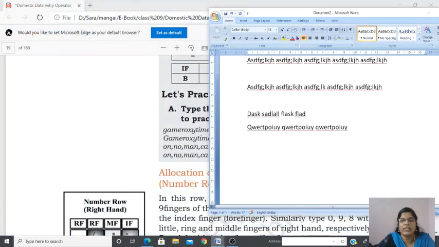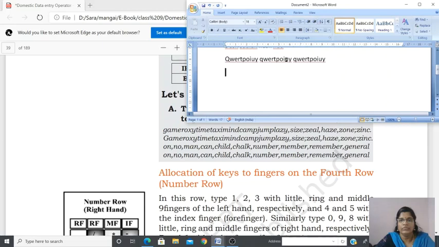Let me type the given thing in my Word file. Without looking at the keys on the keyboard you have to do it. GAMEROXY TIME TAXI MIND CAMP JUMP LAZY. See, I have pressed A twice.